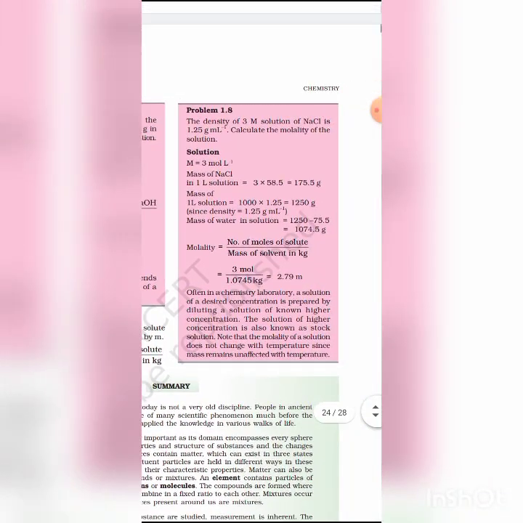Okay, so here the density of 3 molar solution of sodium chloride is 1.25 gram per milliliter. Okay, and calculate the molality of the solution. Here M equals to, that is capital M, molarity equal to 3 mole per liter, and mass of sodium chloride in 1 liter of solution is 3 into 58.5, because molar mass of sodium chloride is 58.5, so it will be 175.5 gram of mass.